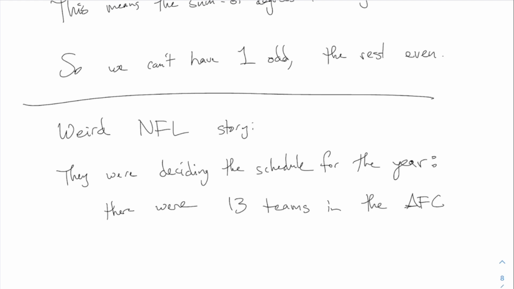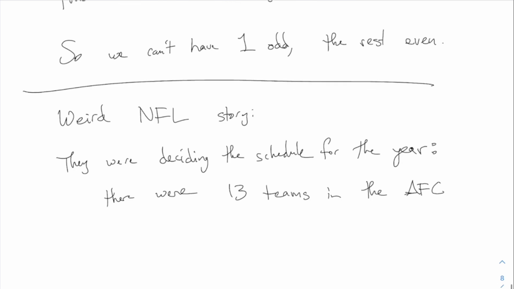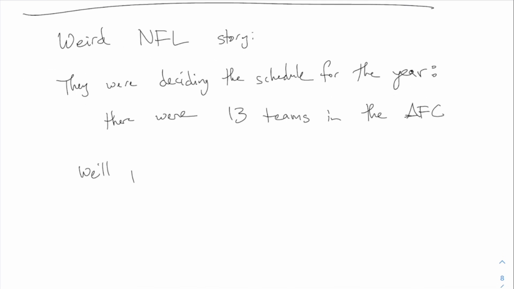And they decided that this year each team should play 11 games, with the other teams in the AFC. So we have 13 total teams, and each team is going to play 11 games total. They gave this to somebody and said, okay, make us up a schedule where each team plays 11 games total. This is the scenario, all right?